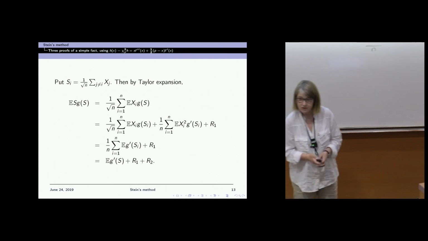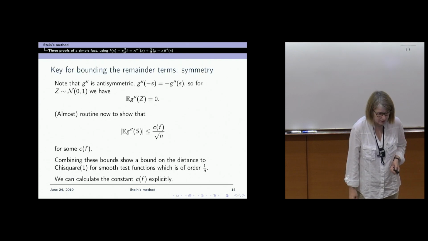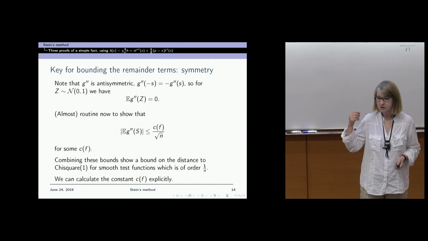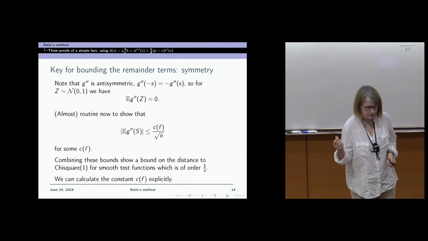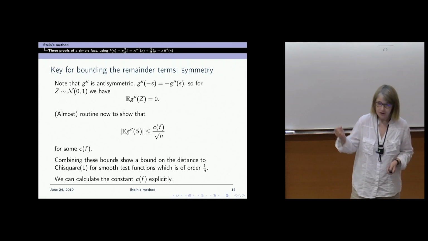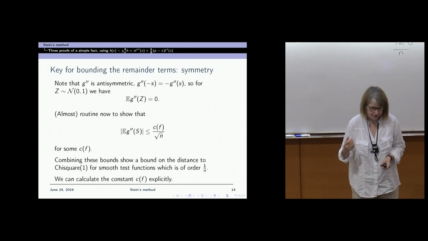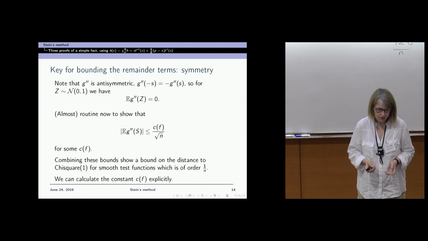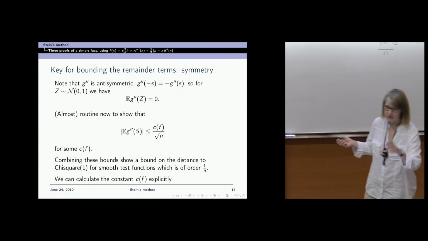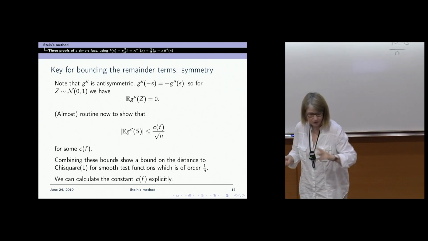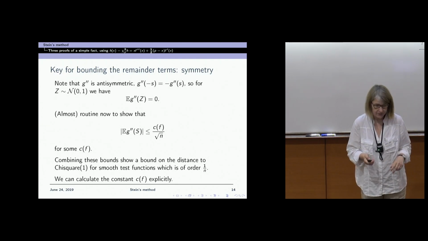Now for the normal approximation, this gives you a 1 on root n bound very straightforwardly, but because g is antisymmetric and its second derivative is antisymmetric, we have for standard normal the expectation of the second derivative would be 0, and so therefore the remainder terms of the second derivative of w would themselves be of order 1 on root n for some constant f.